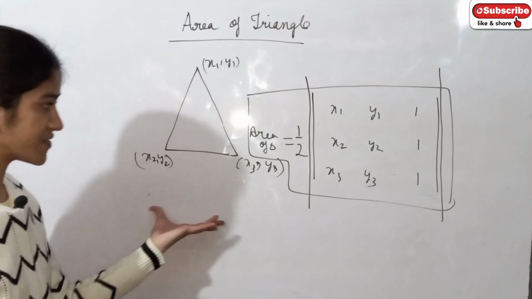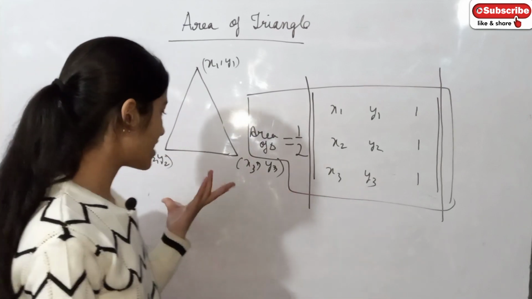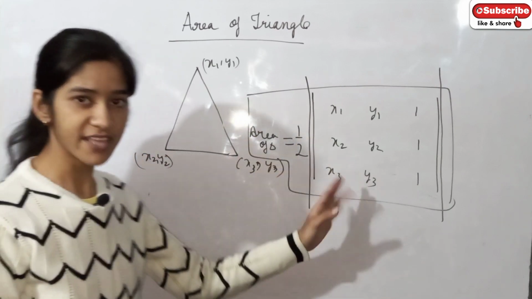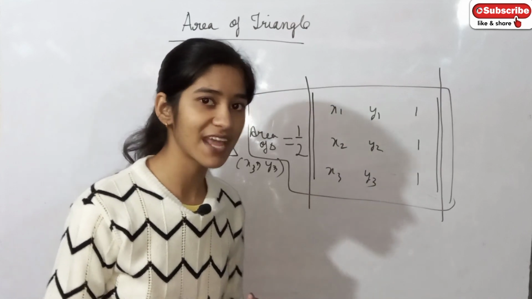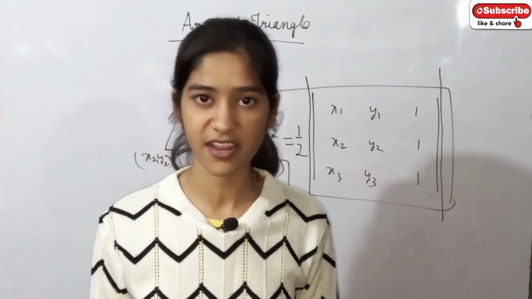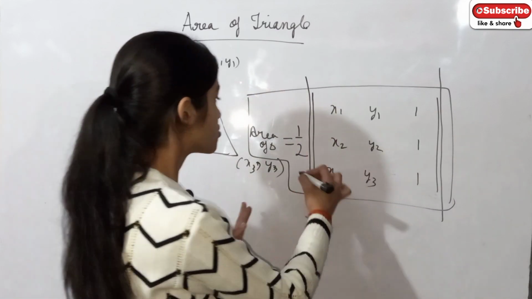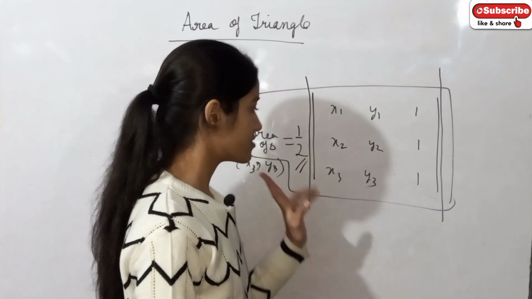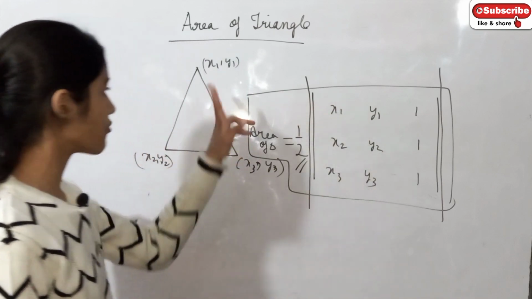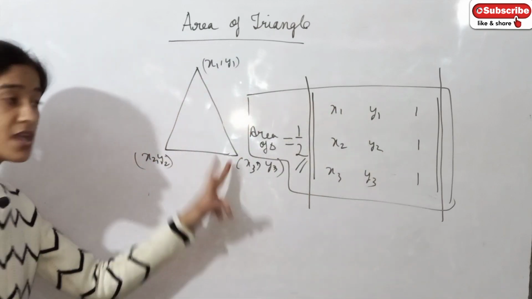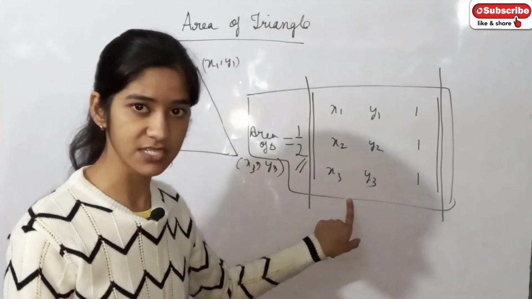If the coordinates are positive then the area becomes positive, and if some coordinate is negative then maybe the area becomes negative. But we know that area can't be negative, we cannot measure any area in negative form, so we have to take a mod. So this is the formula for finding the area of a triangle if all the coordinates of a triangle are given, using determinants.